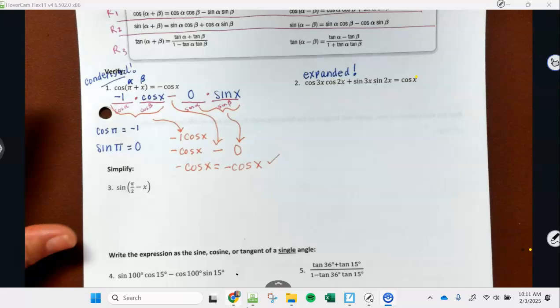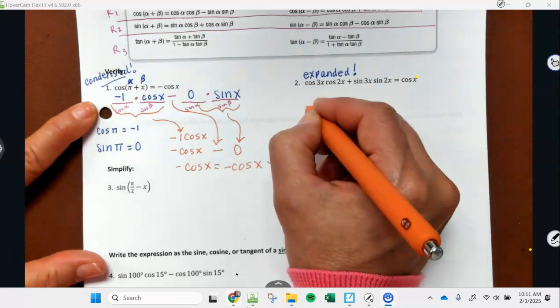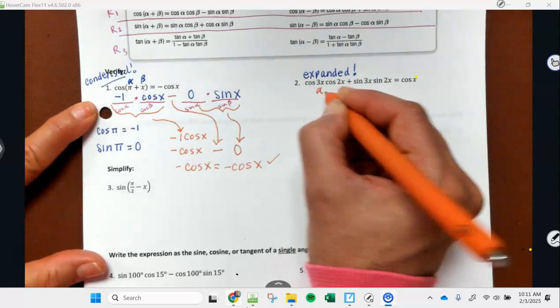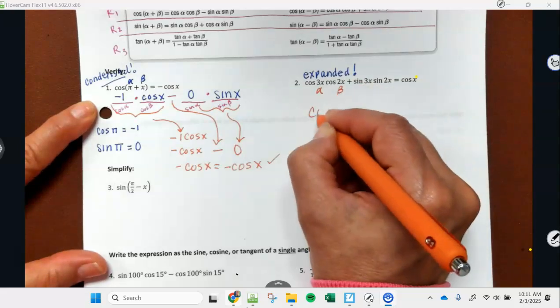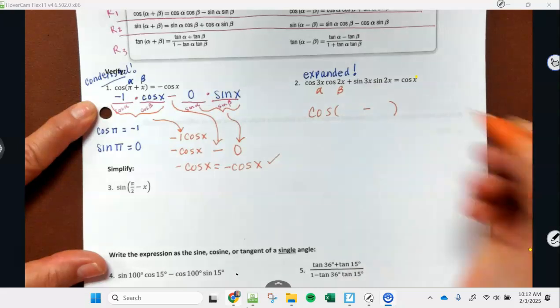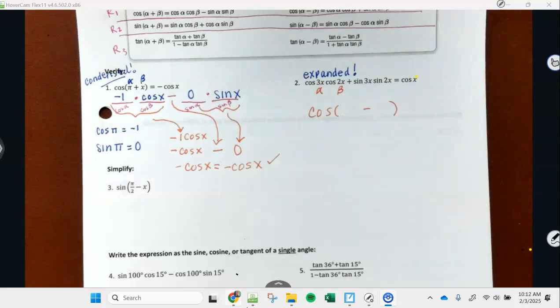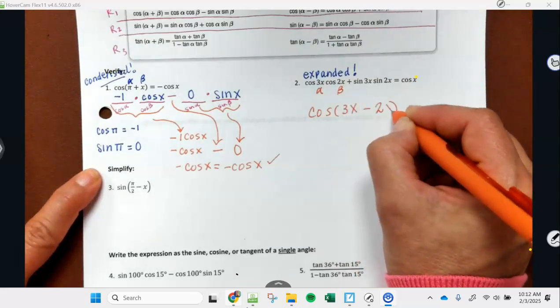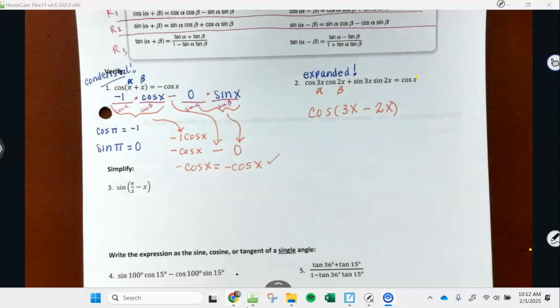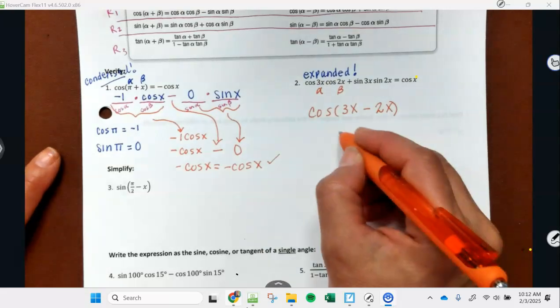All right, here we go. So this is going to be alpha. 2x is going to be beta. I know it's a cosine subtraction identity. I'm just going to drop in alpha and beta. I know alpha is 3x. I know beta is 2x. I can combine what is in the parentheses.